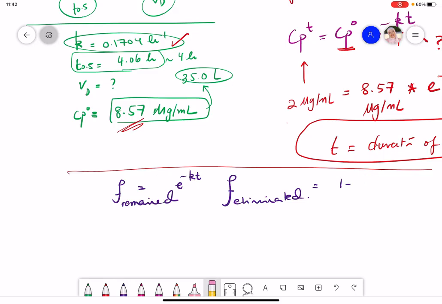This equals 1 minus e to the minus k time, or 1 minus fraction remained. We know this already, and you can go back to the lecture to know how we get those two equations.